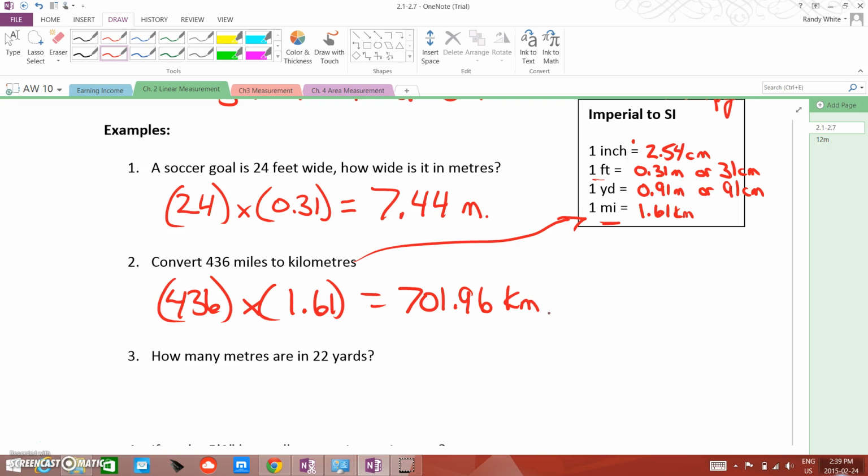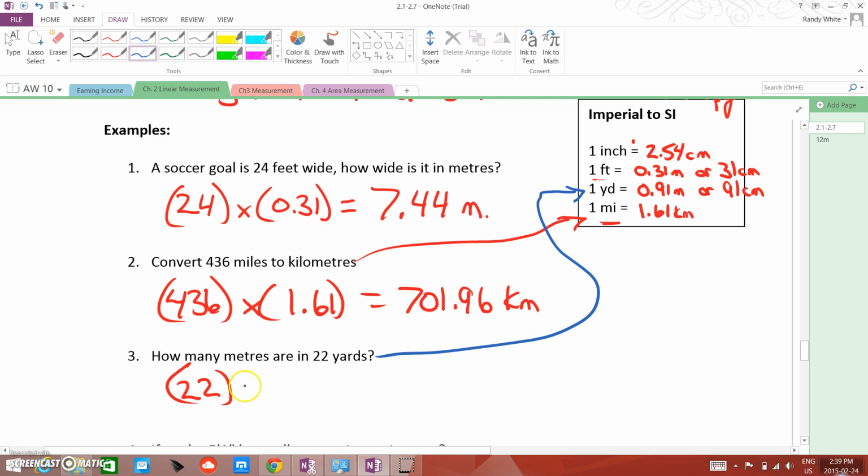And then I've got number 3 here. How many meters are in 22 yards? Again, I'm going to take the 22 yards, and this time we're using that part right there. So I'm going to multiply by 0.91.